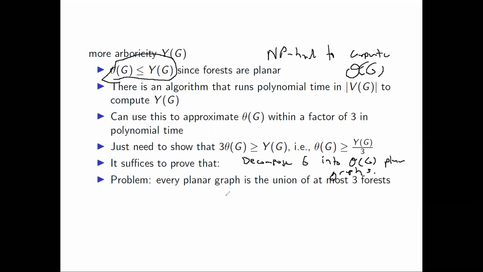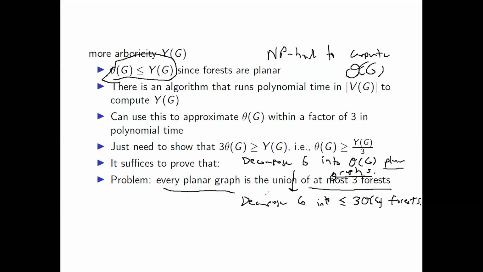And so if we knew that every planar graph is the union of at most 3 forests, then this would imply that we can decompose G into less than or equal to 3 theta of G forests, because each planar graph in the decomposition up here, each of those planar graphs we can represent as the union of at most 3 forests.